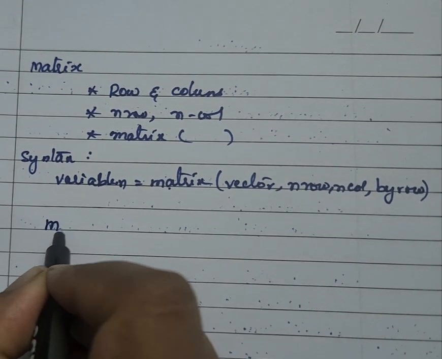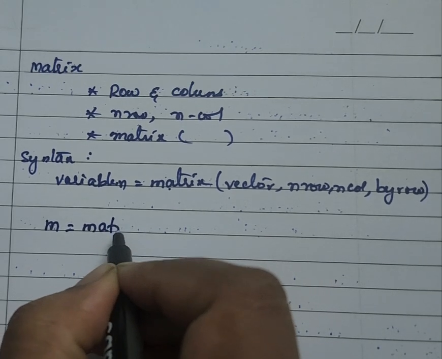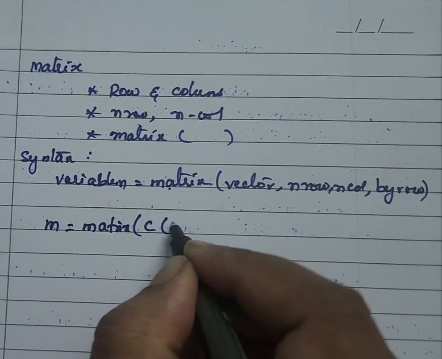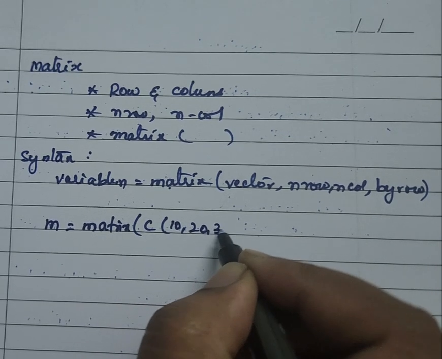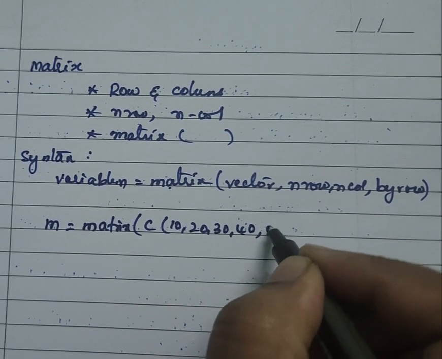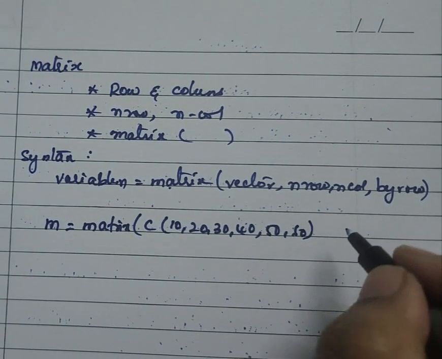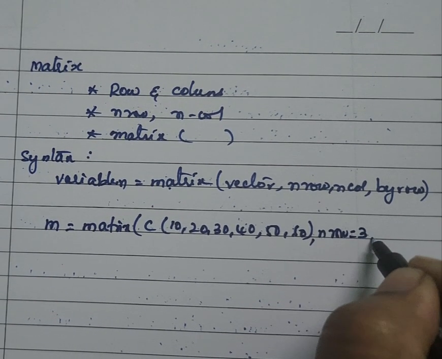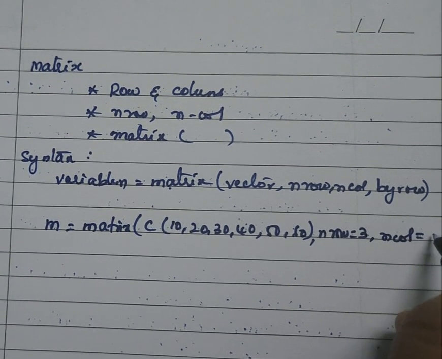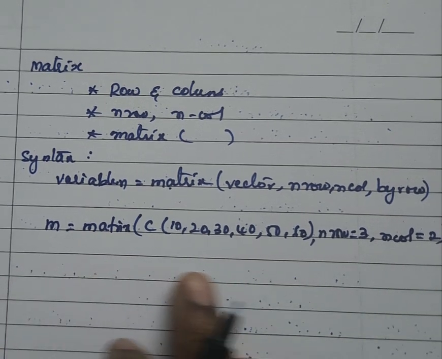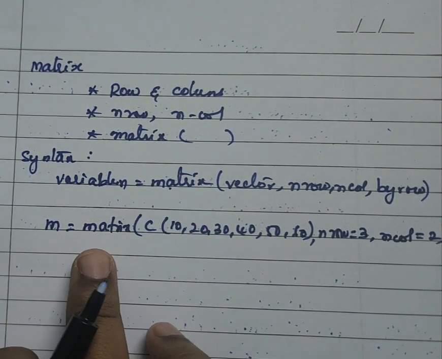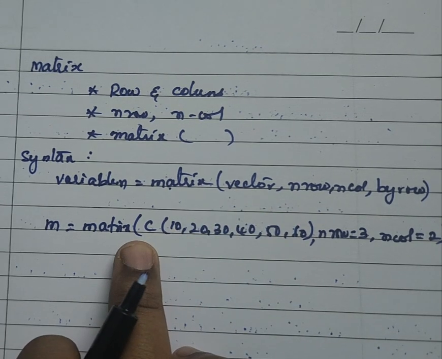Suppose M equal to matrix, vector c of 10, 20, 30, 40, 50, 60, n row equal to 3, n column equal to 2. Here M is a variable name, matrix is a function name, and vector is c.